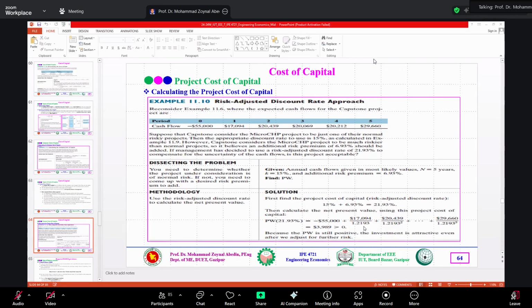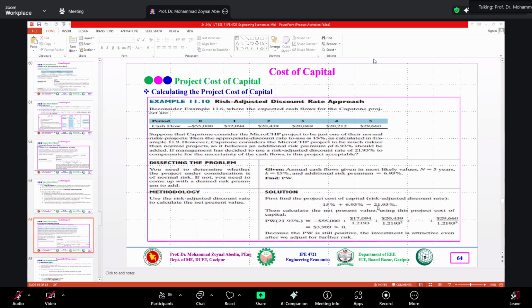here the 1 plus r that you understand. Previously I have told you about 1 plus r to the power n: 1 plus r to the power 2, 1 plus r to the power 3, 4, 1 plus r to the power 5. Okay.